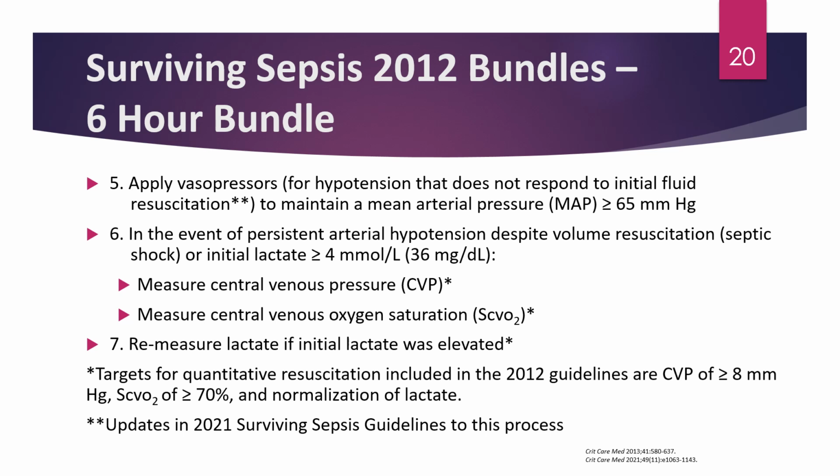Additionally, if we had an elevated lactate initially, for example greater than 2 or greater than 4, we want to remeasure the lactate. And our goals here, in terms of quantitative resuscitation, were a CVP of greater than 8 in the guidelines of 2012, ScvO2 of greater than or equal to 70, or normalization of lactate, basically where it was less than 2.